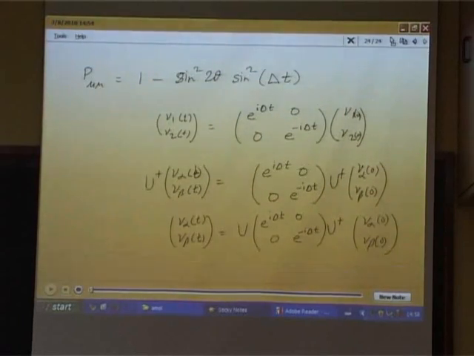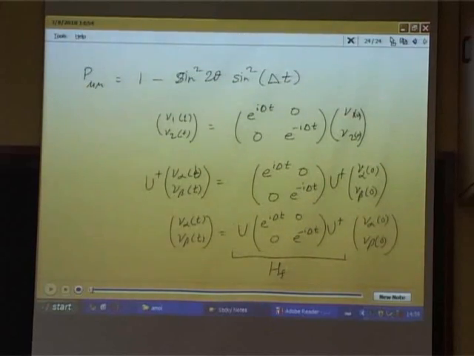So what has happened now? I have written down an equation for nu alpha, nu beta that looks very similar to the other equation, except that now this is my Hamiltonian. This is the Hamiltonian in the flavor basis, so I will always call it HF. F stands for flavor. Just like in the mass basis we had this Hamiltonian, in the flavor basis we have this Hamiltonian.